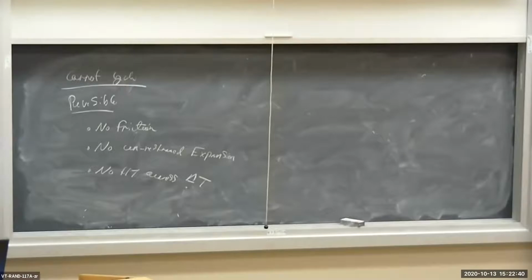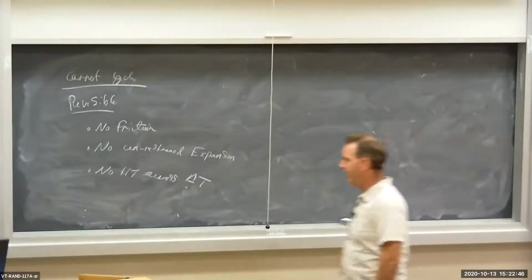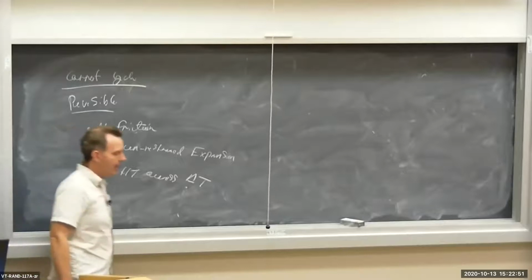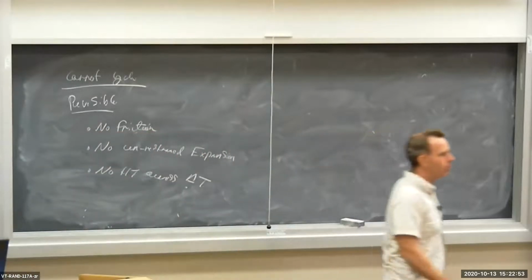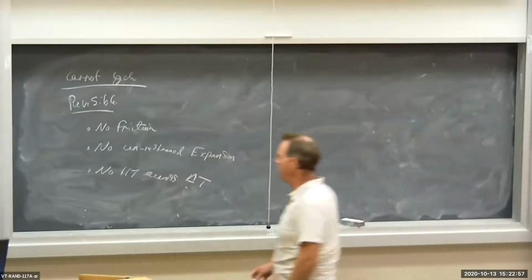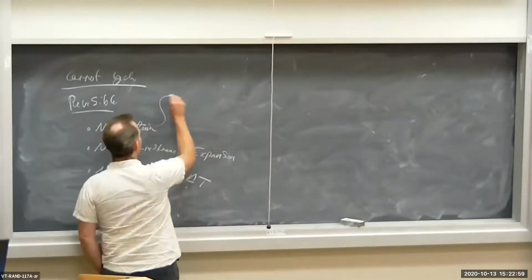If we wanted to build a Carnot device, a physical device based on the Carnot cycle, how would we implement, if we could implement, any of these restrictions associated with the reversibility of the cycle? Well, no friction. What can we do about no friction?